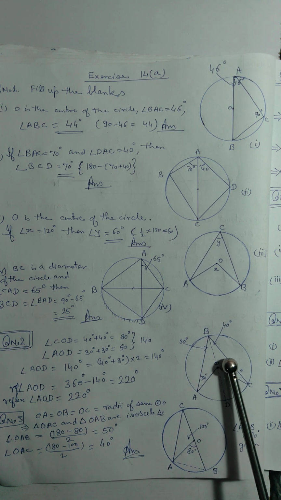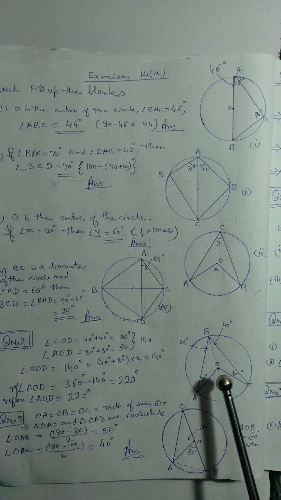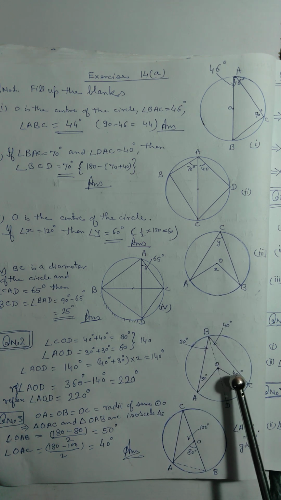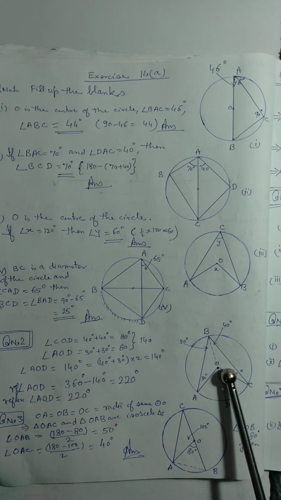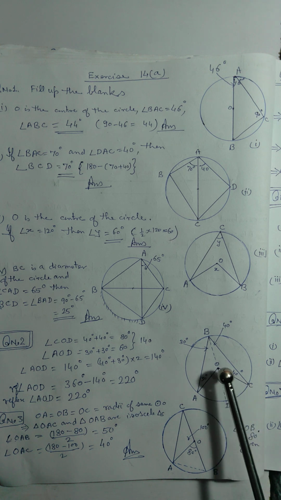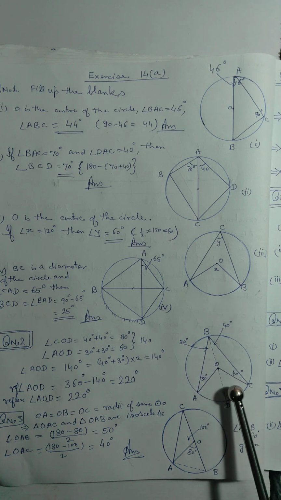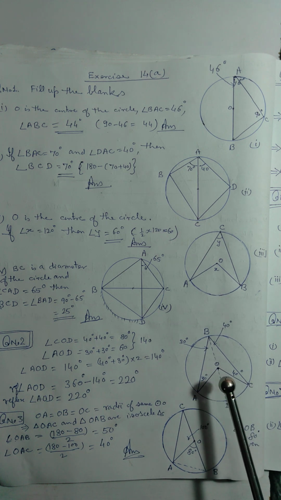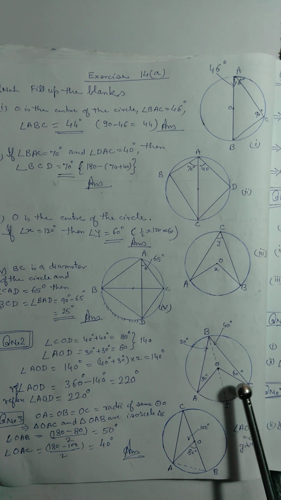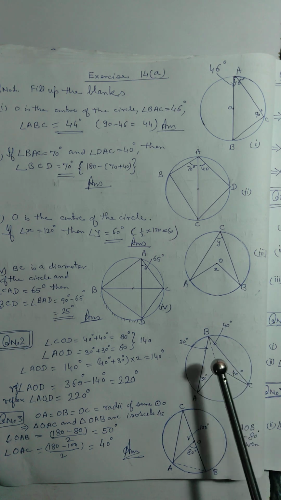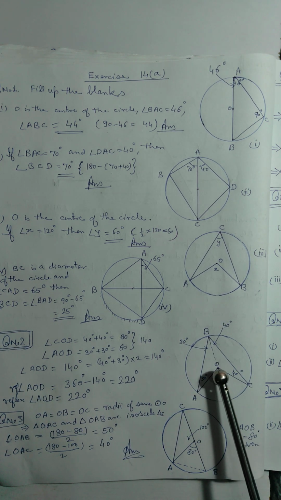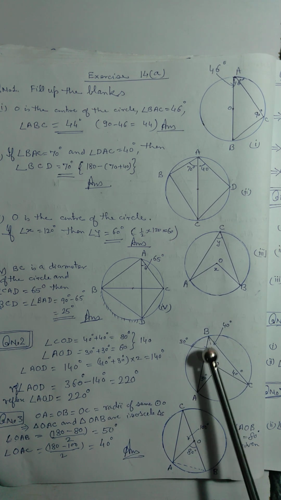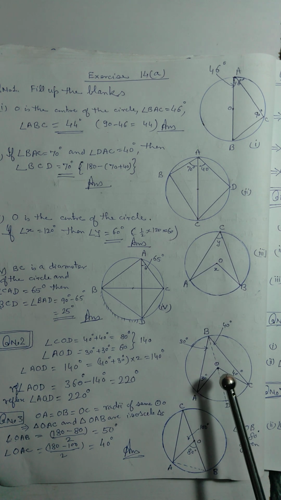So these are isosceles triangles. OCB is an isosceles triangle. Therefore, OB is equal to OC. Hence, angles OBC and OCB will be equal, so it will also be 40 degrees. OAB is 30 degrees, it is given.